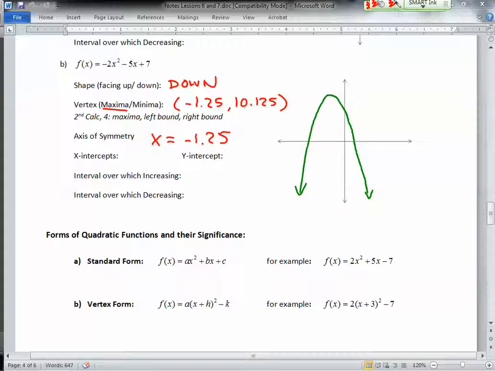So go ahead and label those points up here. Here is my vertex. And here is my axis of symmetry, and the equation of that line is x equals negative 1.25. So now to find my x-intercepts, we bring up a new calculator.